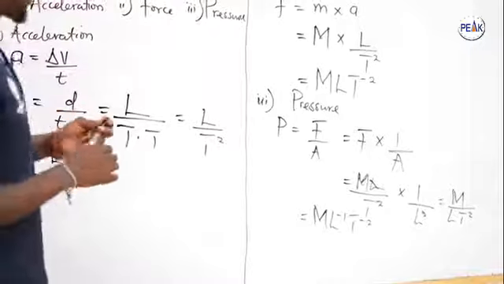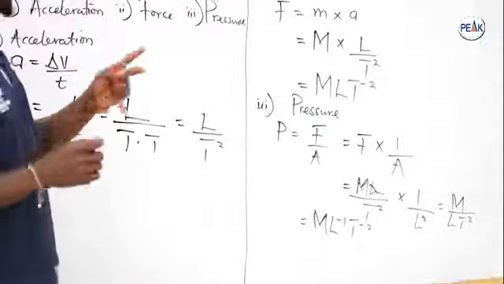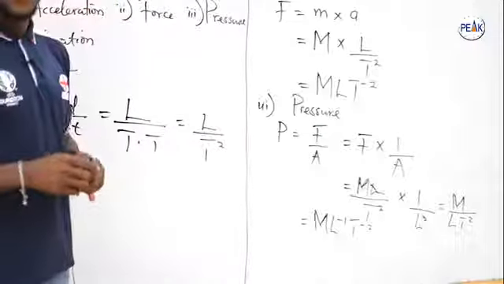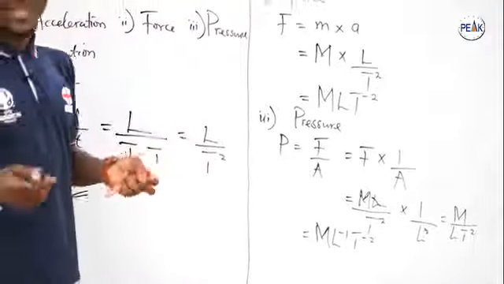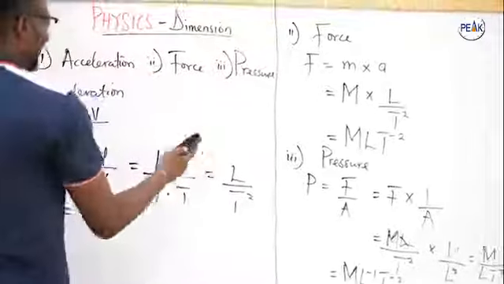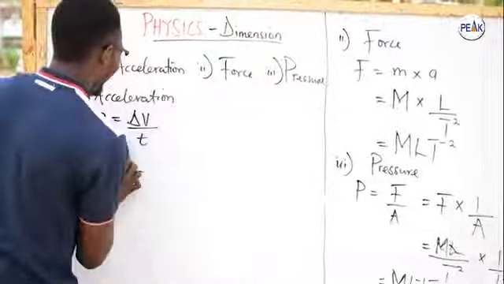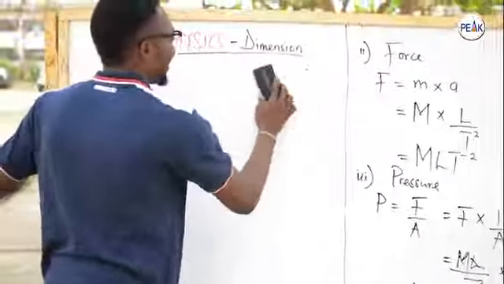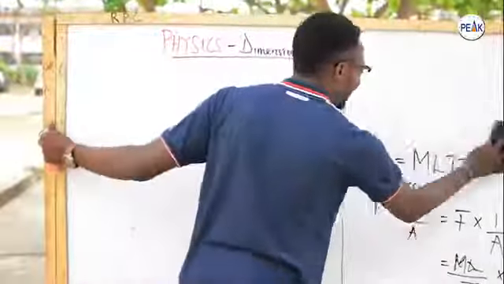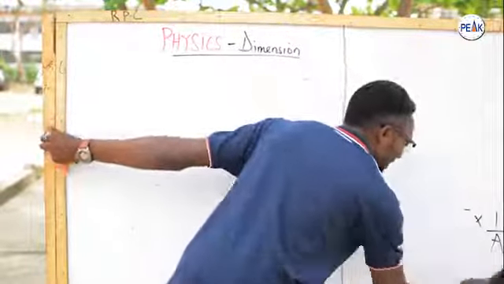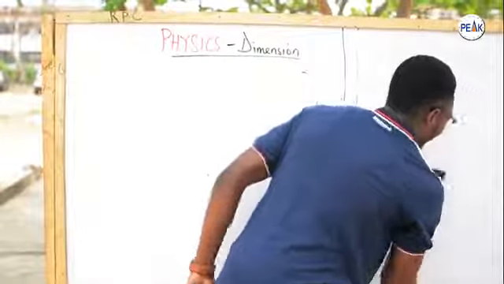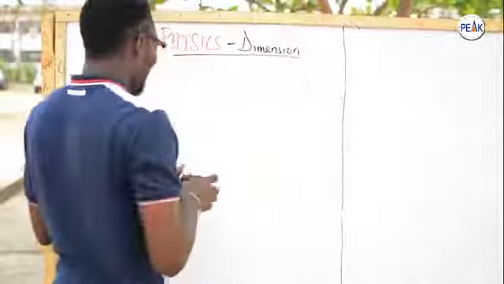Now let me quickly also give the dimension of two quantities that usually get physics students confused. Let us solve two more examples.